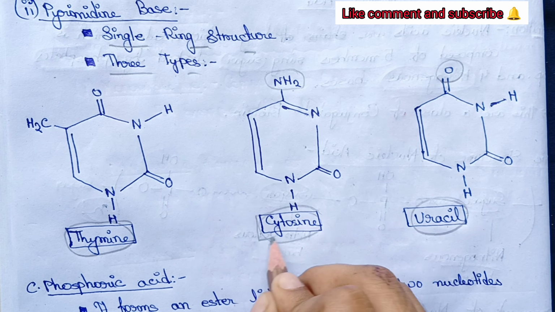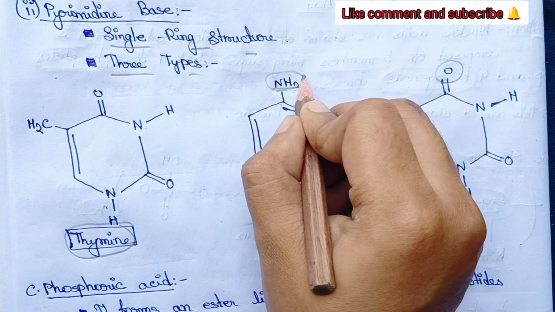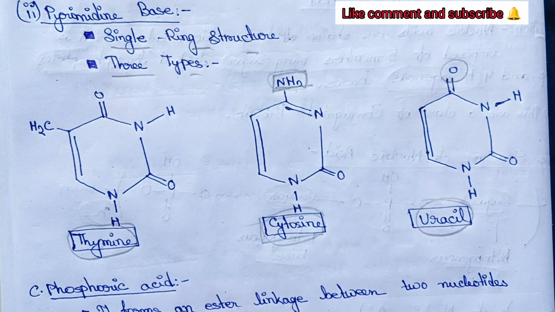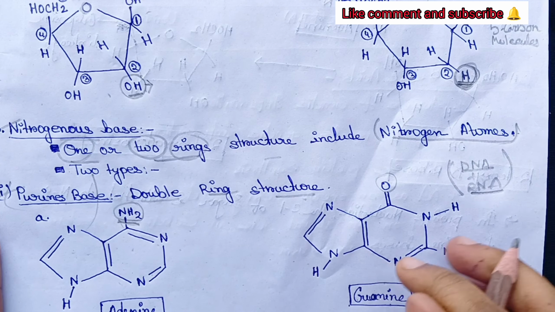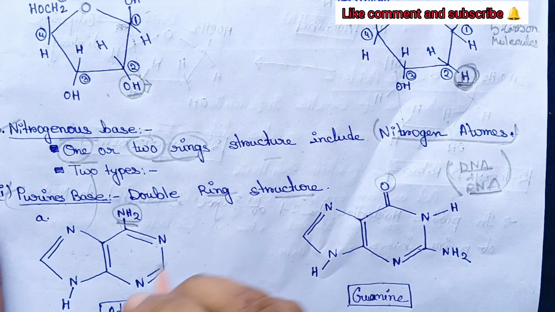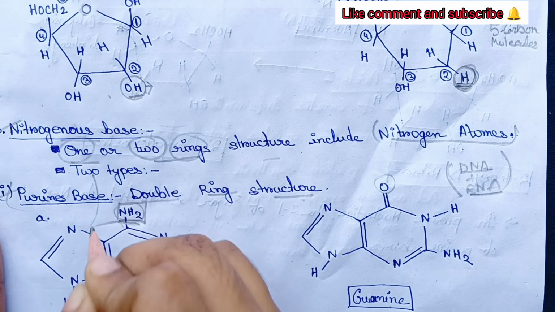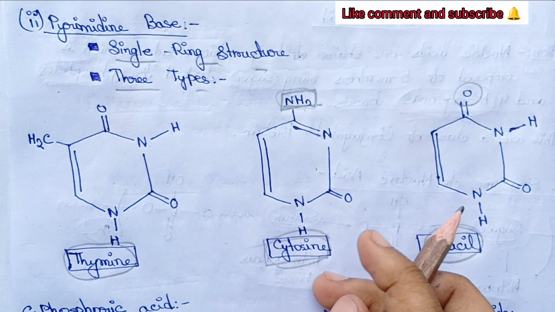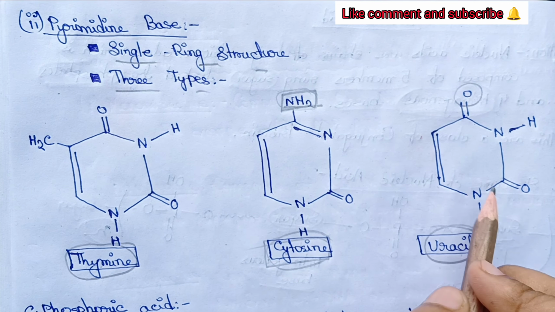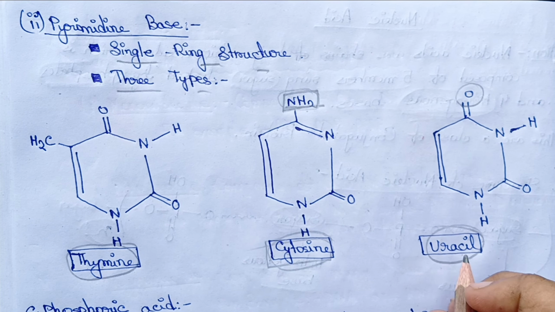You can see in cytosine there is an NH2 group, and we also see an NH2 group in adenine. So cytosine and adenine have NH2 groups. The other parts of the structure are almost the same in thymine, cytosine, and uracil.